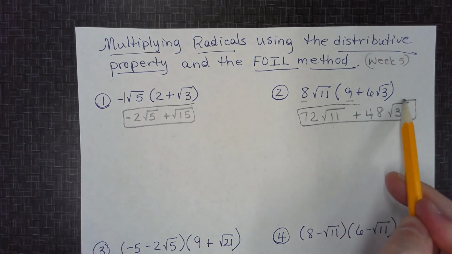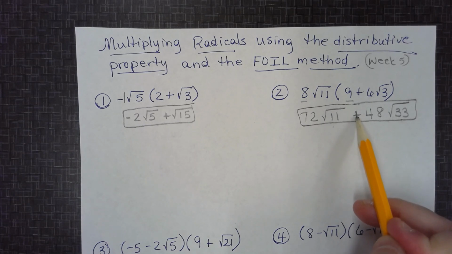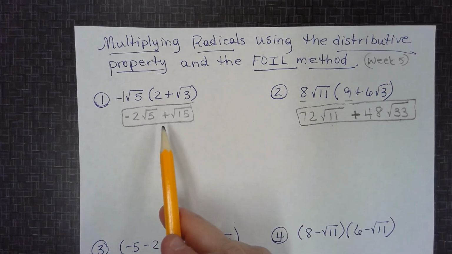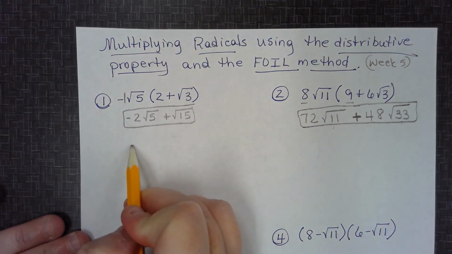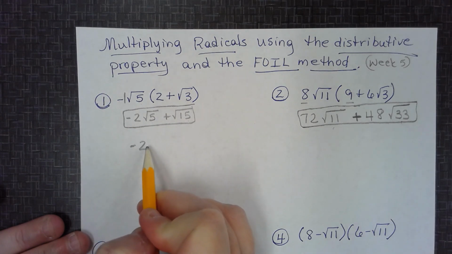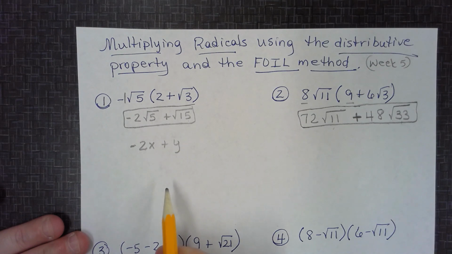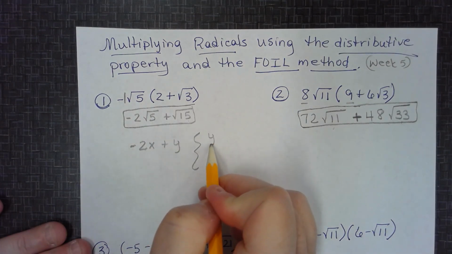One lesson that we skipped is that we can't combine these together when it's a plus or a minus. We can't combine these, just like we can't combine these, because they don't have the same square root. It would be like trying to combine this. You would never combine minus 2x plus y. You would never combine this. Let me write this note.